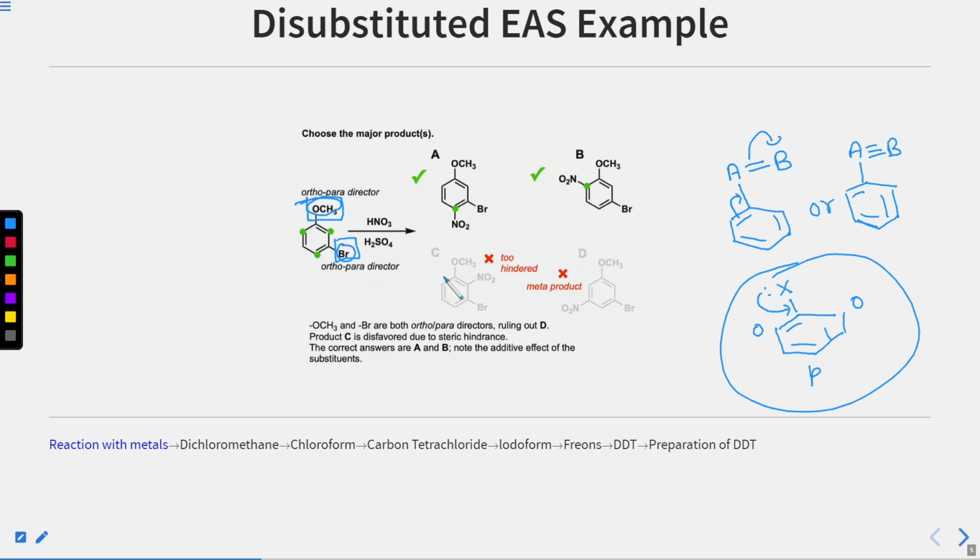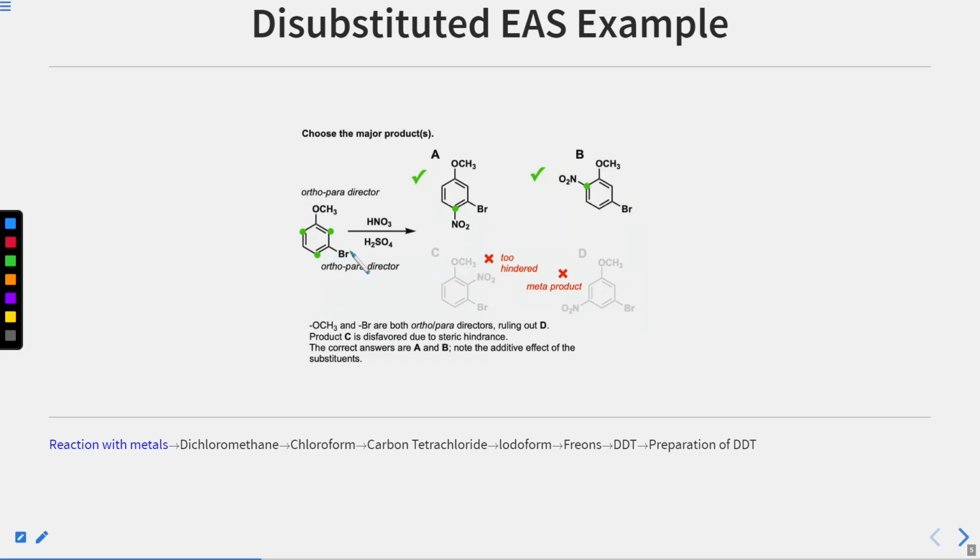Now if you look at Br first, where are its ortho and para positions? These are ortho and this is para. Now if you look at OCH3, the ortho and para will be: these two are ortho and this one is para. So they both are electronically favoring the electrophilic aromatic substitution at these three points.